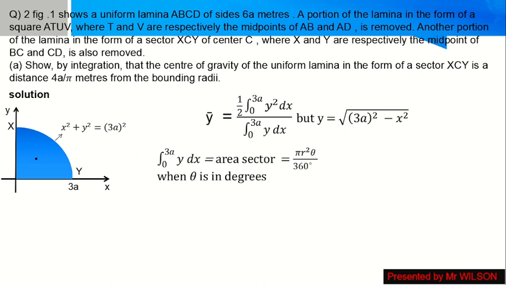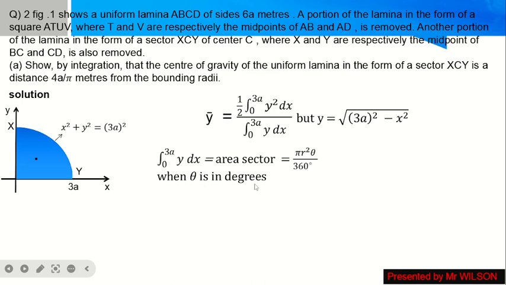Take note, when you are asked to prove by integration, the integral from one point to another of y dx is the area under that graph or line. Since here we are dealing with the sector, we take the area under the sector, which is given by pi radius squared theta over 360 degrees.